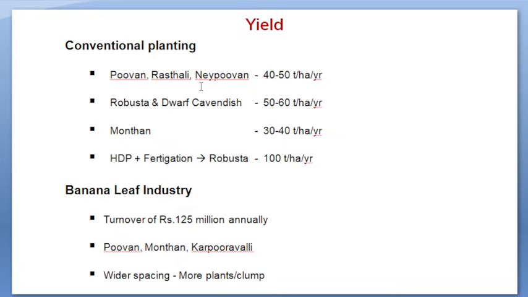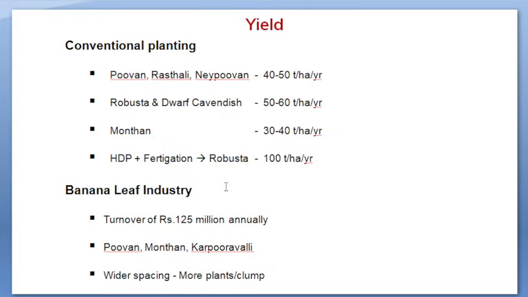Next, yield: Poovan, Rasthali, and Nendran. In different varieties it will vary. The normal yield is 40 to 50 tons. Sometimes in the case of high density planting, we can expect around 100 tons. I was also talking about the leaf production varieties, what their use is, and where they are famous.